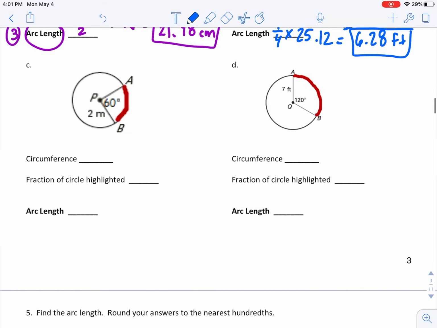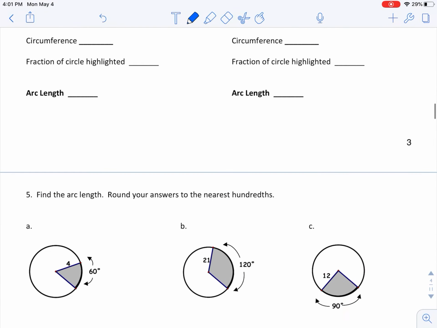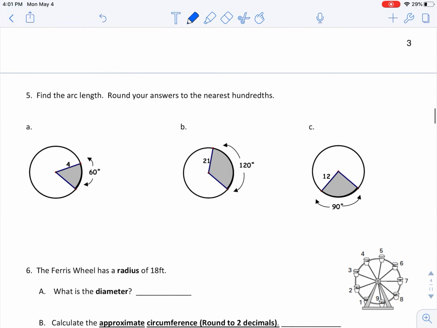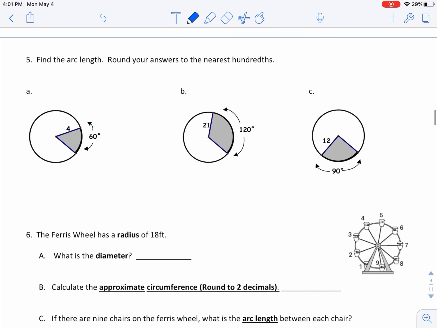And then when you get to page 4, it's the same thing, except now it doesn't give you the steps, so you're going to have to do the steps on your own. So I'll start number 4 just to kind of go through with you. Step number 1, find the circumference. 2 times pi times the radius.